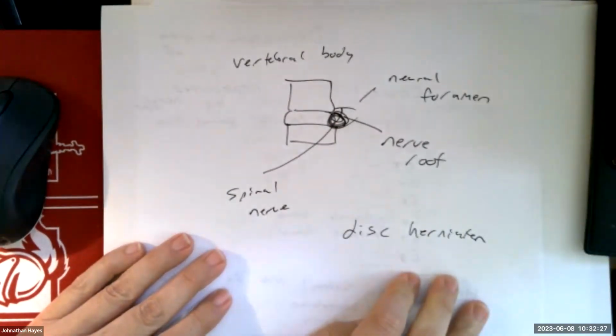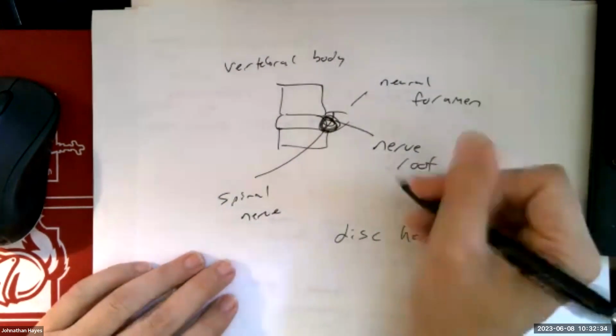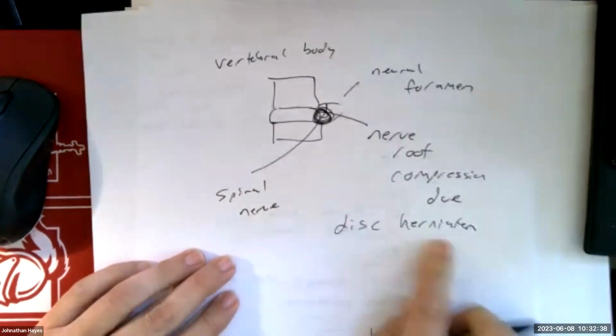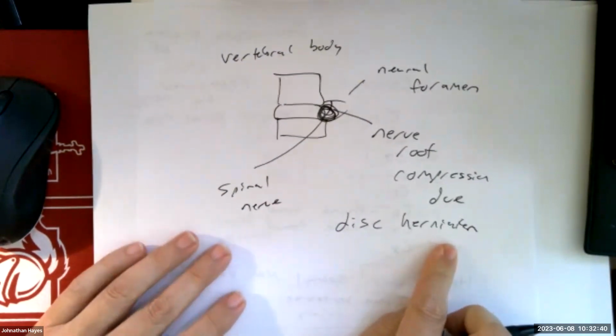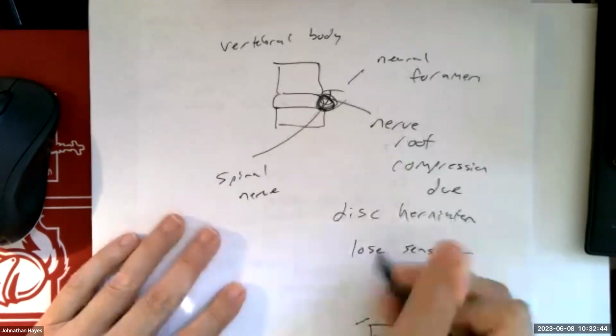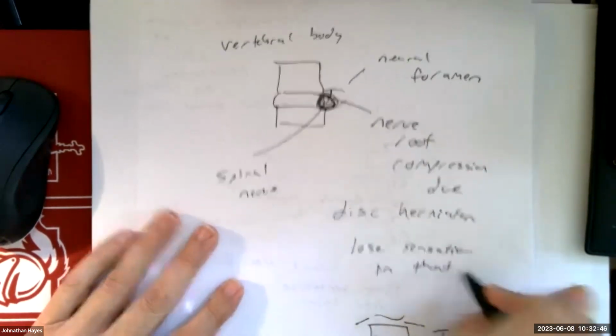So you would usually see some type of change in their dermatomes, right? If you end up having nerve root compression due to disc herniation, then they're going to lose sensation in that particular dermatome.